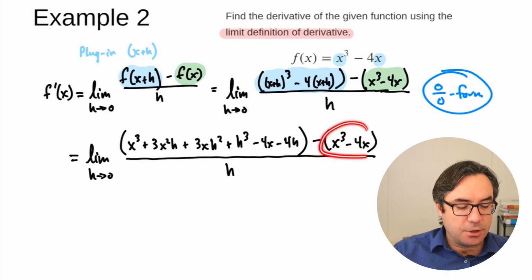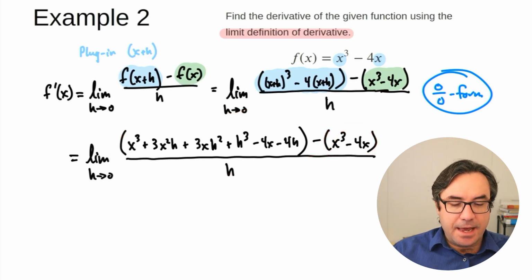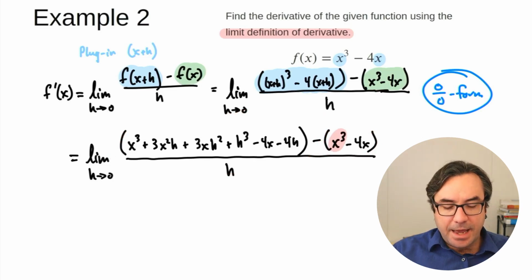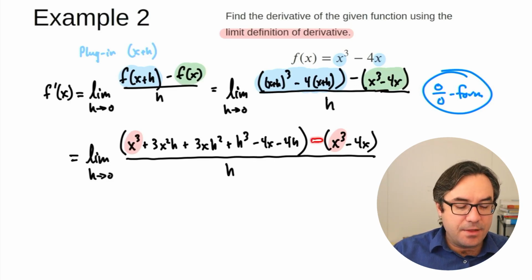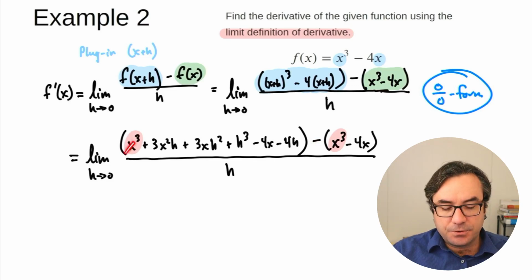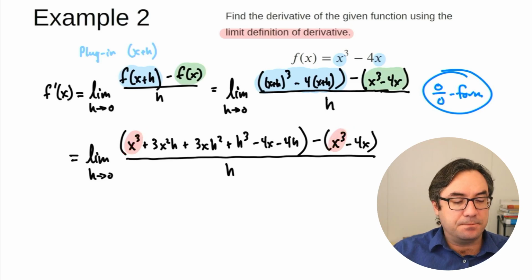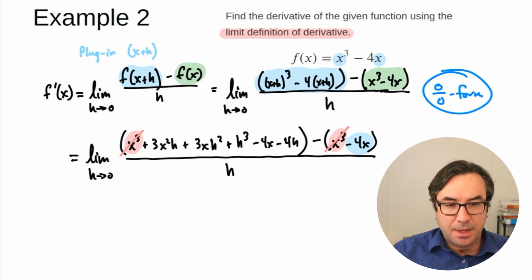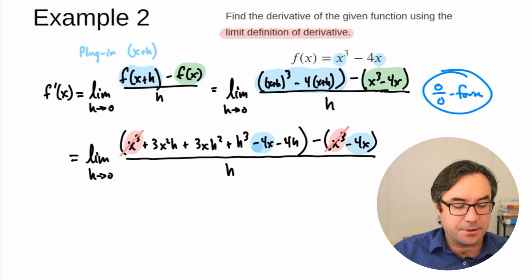All right, so let's look at all this. We see that we have an x cubed right here, and in the first piece we have an x cubed. Right in the middle we're subtracting, so those x cubes are going to cancel out. We also have a negative 4x in the second piece, and there it is, negative 4x here.